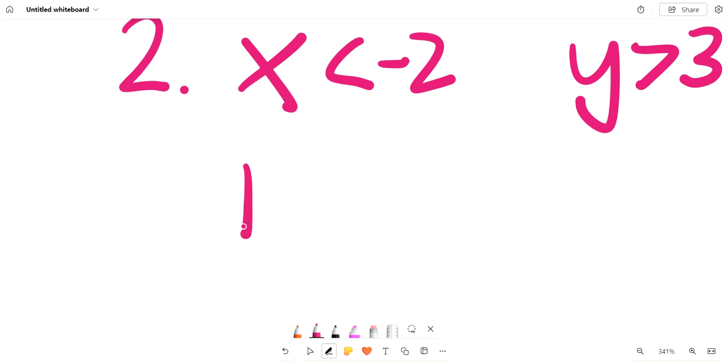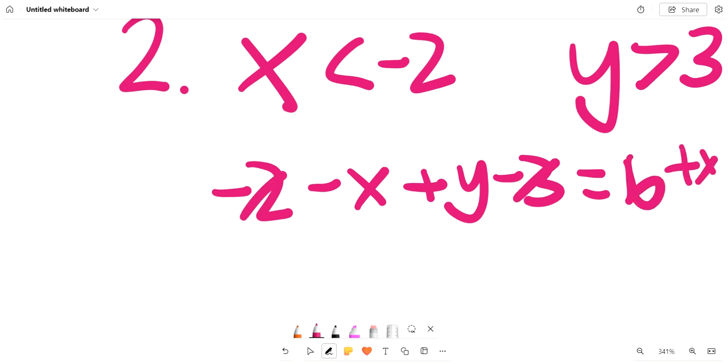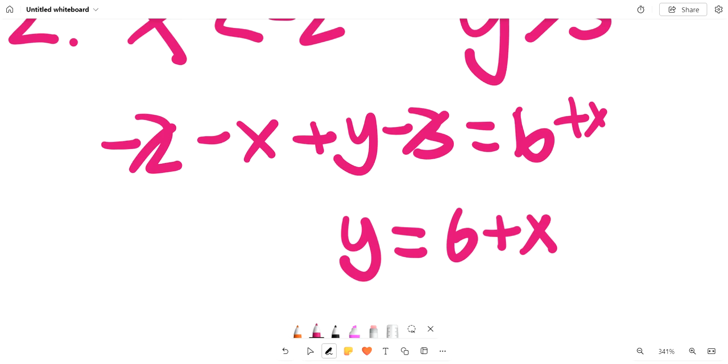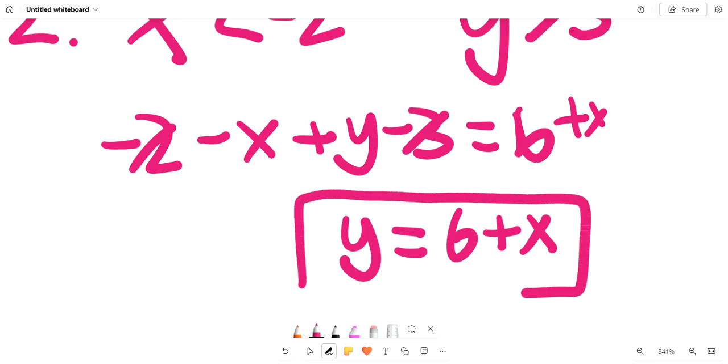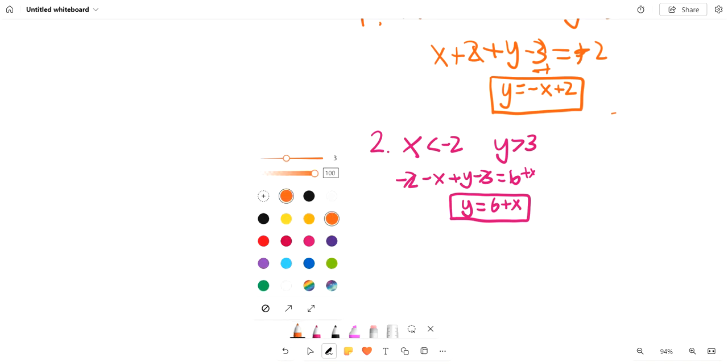So it'll be 2 minus x plus y minus 3 equals 1. So this is just minus 5, so this is 6 plus x. So the equation is just y equals 6 plus x. So that's our second graph.